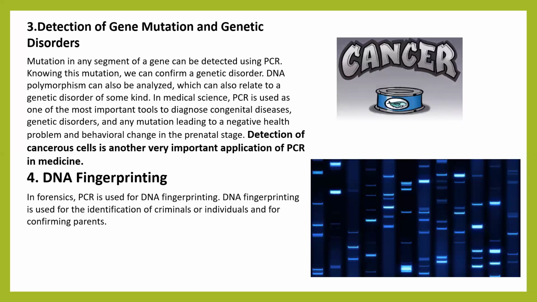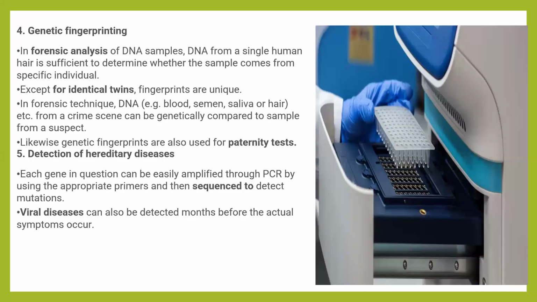The most significant role of PCR application is DNA fingerprinting. It is used for identification of criminals or individuals and for confirming parents also, that is, which parents the child belongs to. The next application is genetic fingerprinting.